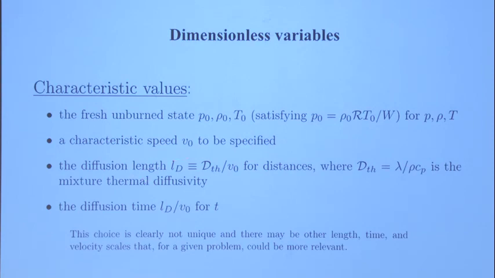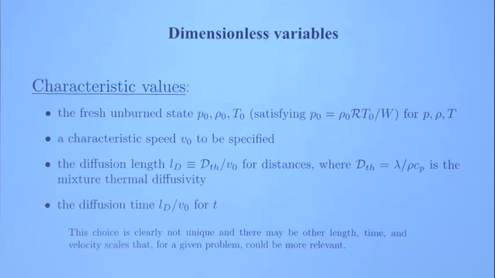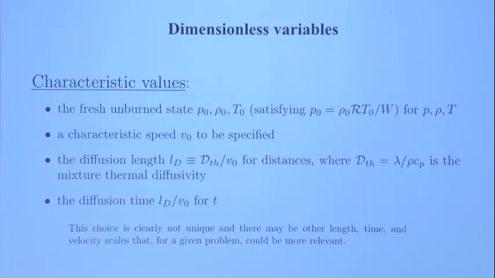More precisely it is the thermal diffusion length, because it's the thermal diffusivity, but I'm not going to be picky about those words, given the fact that all diffusivities are not very much different. But of course, you can choose to scale your problem with, instead of the thermal diffusivity, the mass diffusivity, say, of the fuel.